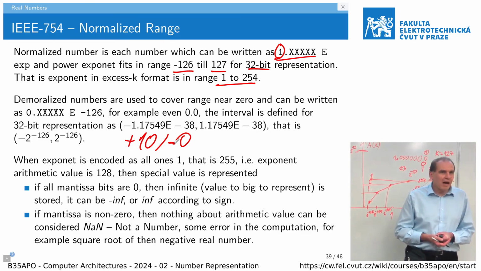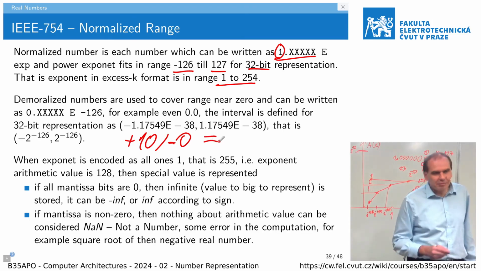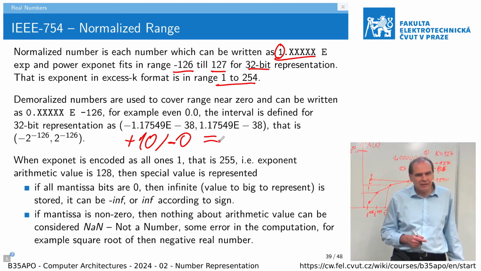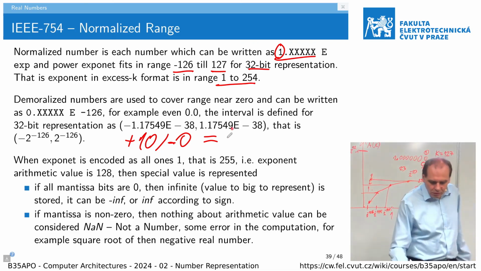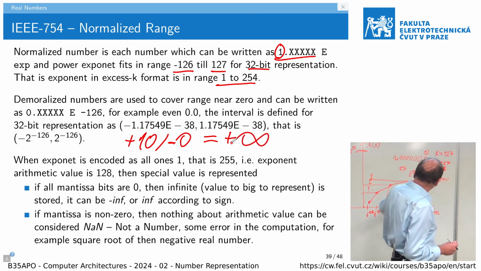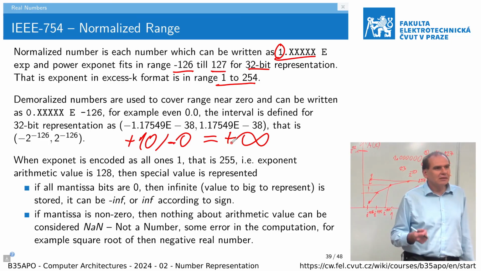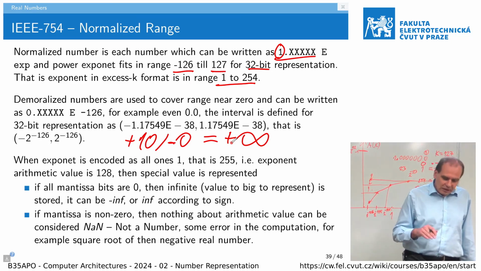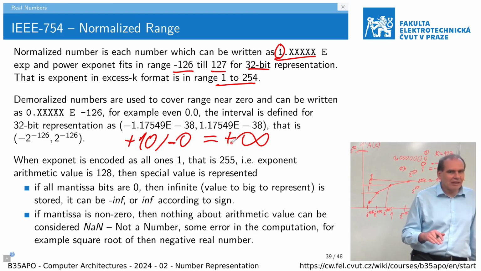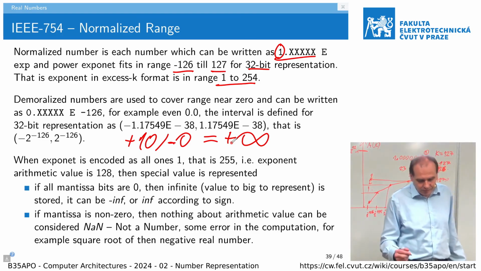But in maths, we know that there are some overflows, and sometimes we need to compute with them. So it is plus infinity. This is the last code which we have there, 255, which represents infinity. It can signal some exception, but anyway, as a result you get this value.